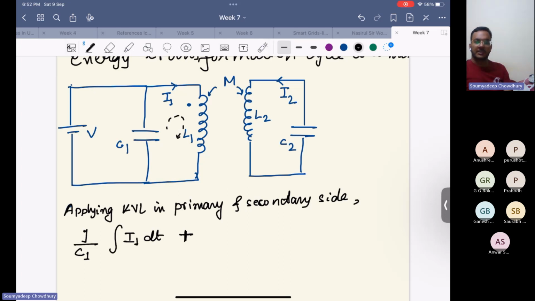What will be the voltage across L1? Mr. Purushottam, can you please tell? Hello? Mr. Purushottam? Can you tell me what is the voltage across L1 in terms of I1? Just normal circuit analysis. Anyone else? Anushri?